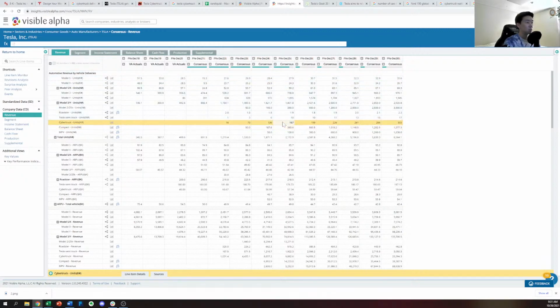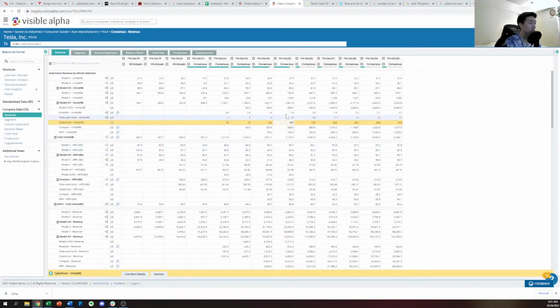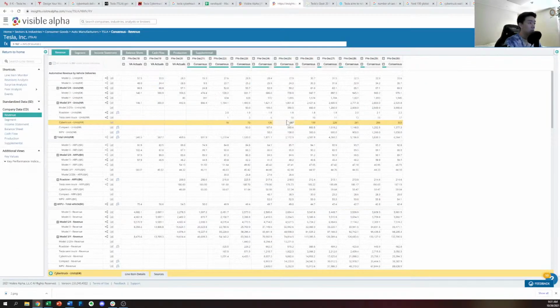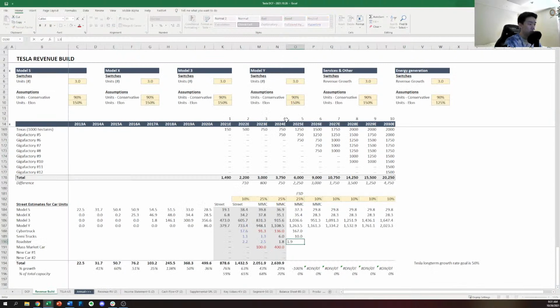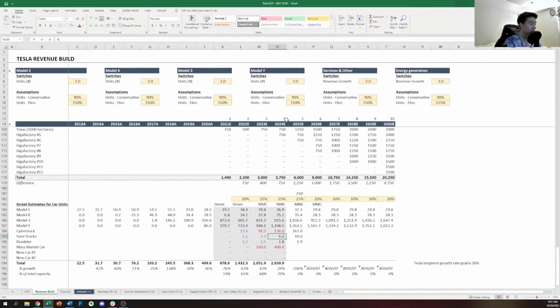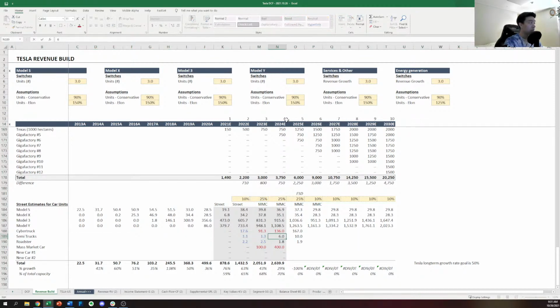Cybertruck, 167. Semi-truck, 10 million. Roadster, 2 million, 1.9 million. Oh, what'd I do? Oh yeah, we forgot. I have to make these more aggressive as well.